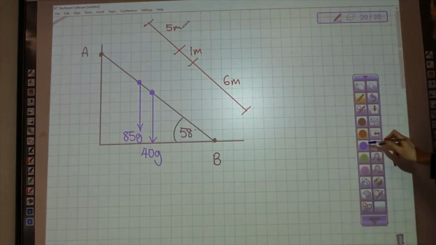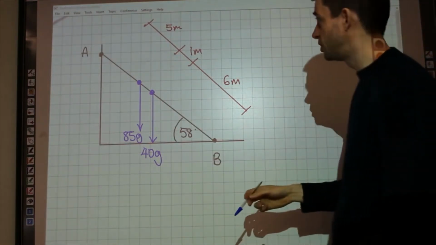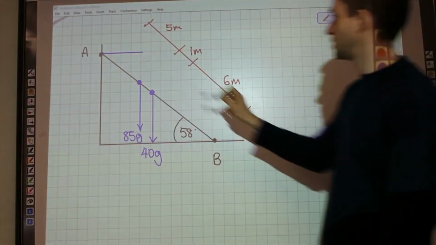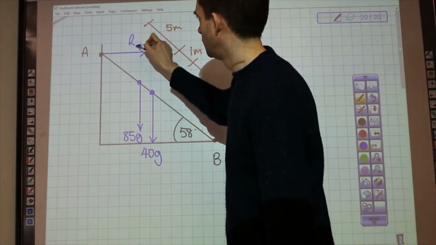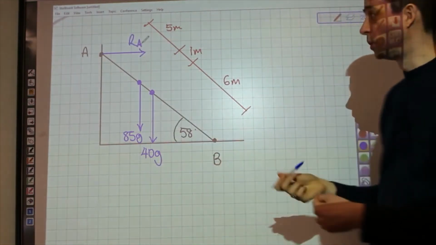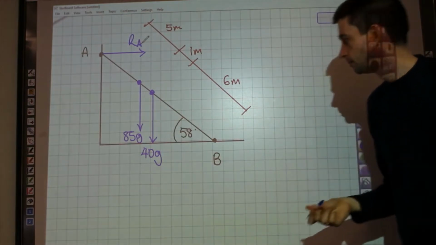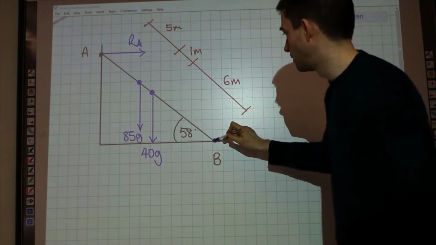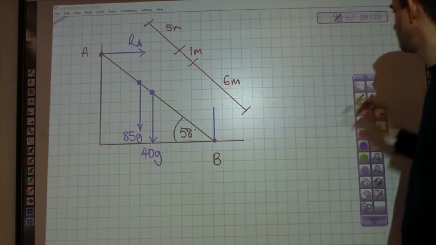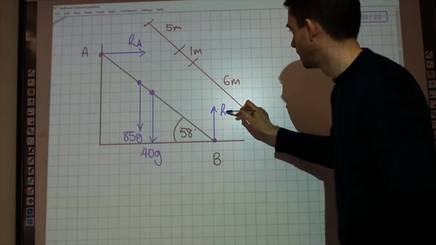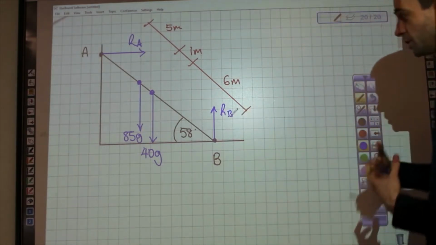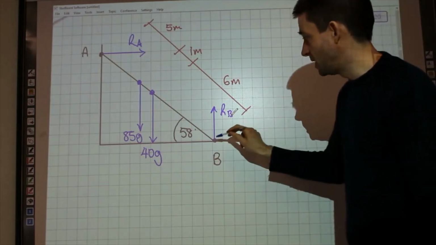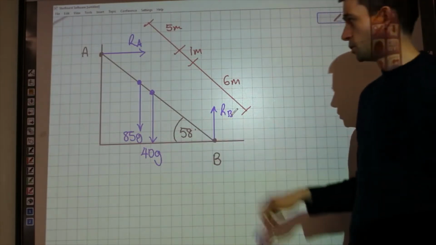Other forces to consider: let's talk about what's going on at the wall. The wall is smooth, so there's no friction to consider, but there is a reaction force acting perpendicular to the wall that the wall exerts on the ladder. Similarly, down at B, the ladder is resting on the ground, so there's contact, so we have a reaction force at B, going like so, and because the ground is rough, we have friction between the base of the ladder at B and the rough horizontal ground.